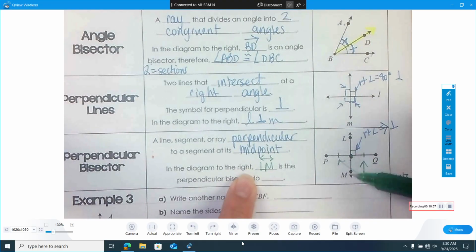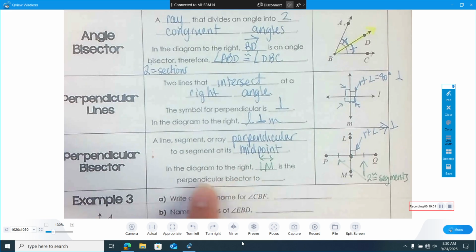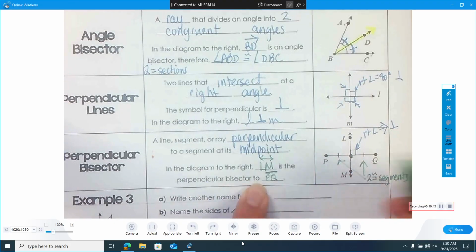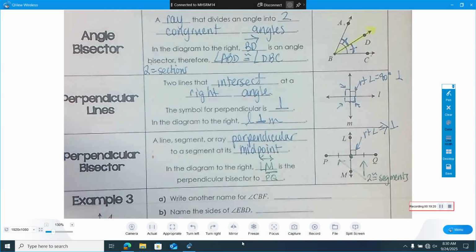I'm saying line LM because it has arrows, it goes on forever. Line LM is the perpendicular bisector, so it's perpendicular and it's bisecting what? Segment PQ, and I'm using segment PQ because this is a segment that does not go on forever. So line LM is the perpendicular bisector of segment PQ.